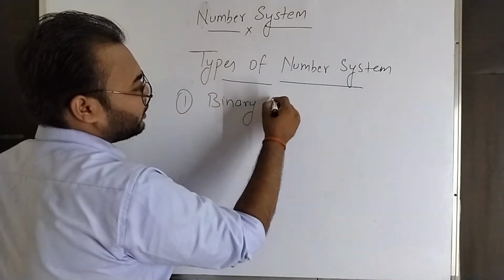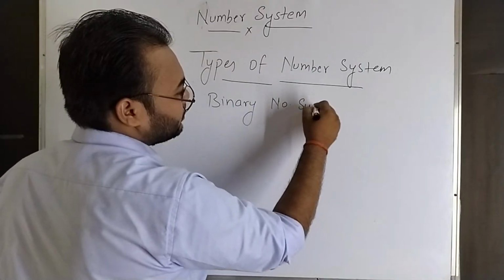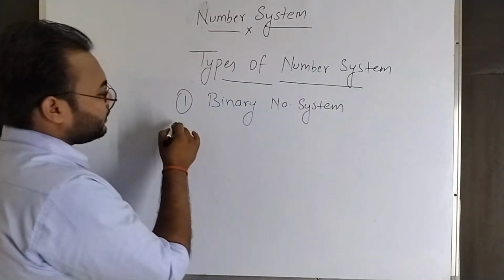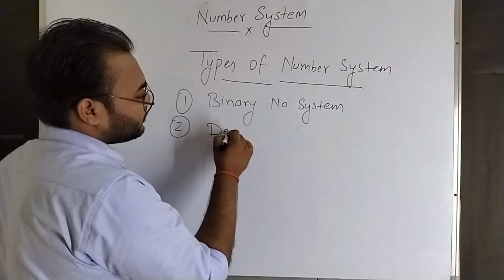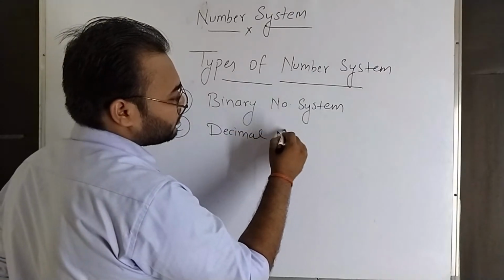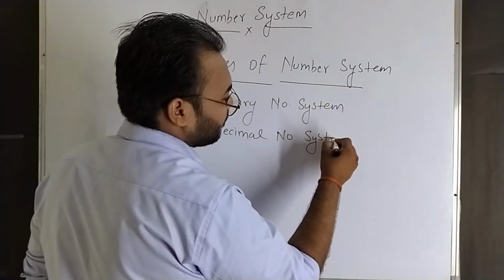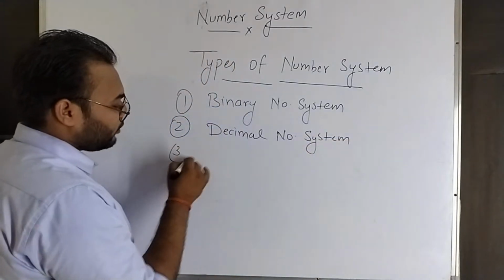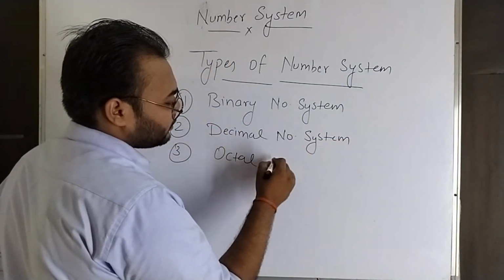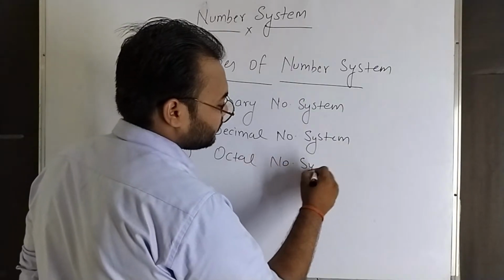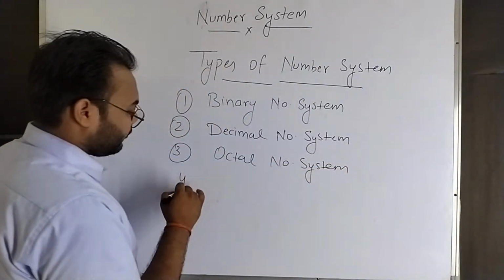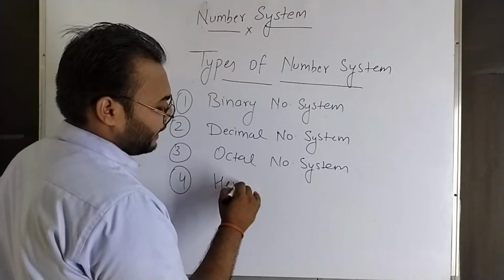The first one is called the binary number system. Second is called the decimal. The third one is octal, and the fourth one we know as hexadecimal.